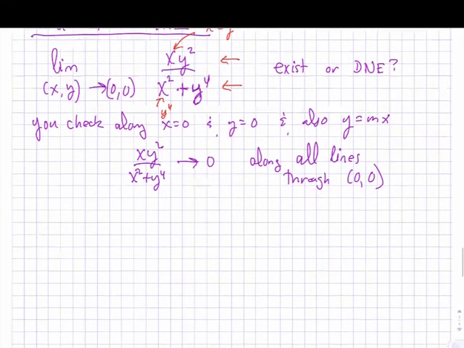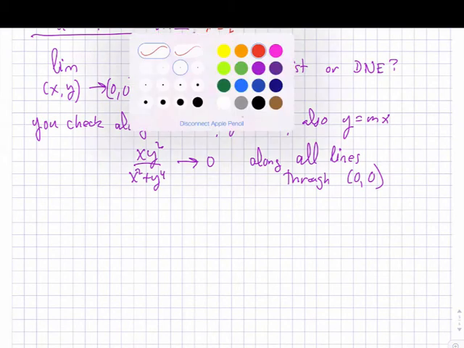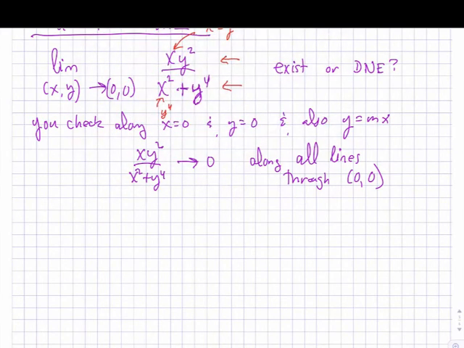Let's try that. So let's investigate what happens with this limit along the path x equals y squared. We'll substitute everywhere we see an x, we'll substitute y squared, and then we won't have any x's in our limit. And we'll look at what happens as y goes to 0. So substituting x equals y squared, we get y squared times y squared.